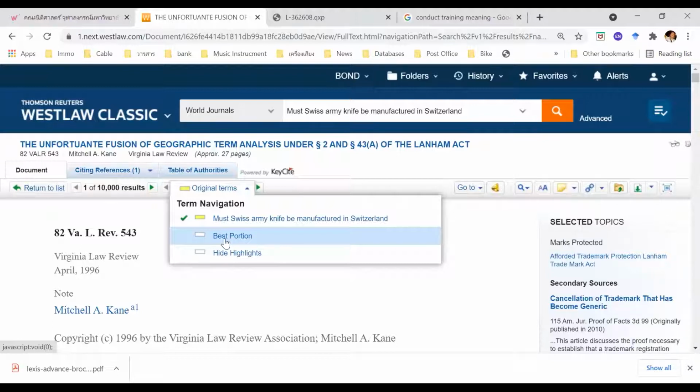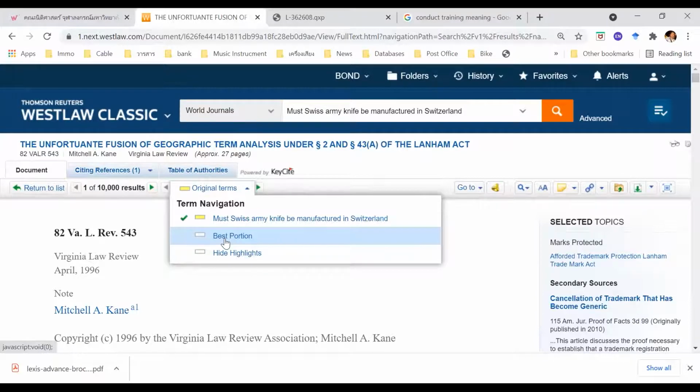Portion is too difficult to understand, but I will use easy English for you. Base portion means the base paragraph. Maybe they contain hundreds of paragraphs in 27 pages. So I cannot spend time on 27 pages. So can Westlaw just show me only the base paragraph that contains all of my concepts.